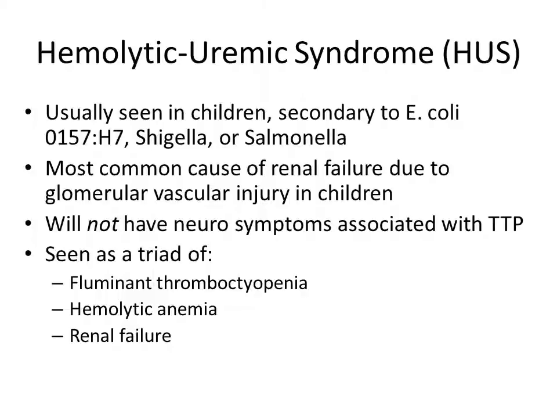That's where you get the hemolytic anemia. And then because there is damage in the endothelium, and you're having clotting factors, you're going to use up platelets, and so you're going to be low on platelets because you're using a lot of platelets to repair the damage done in the kidneys. And so that's where you're going to get thrombocytopenia.